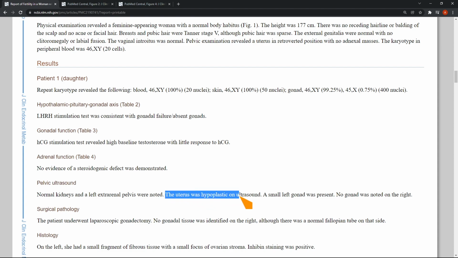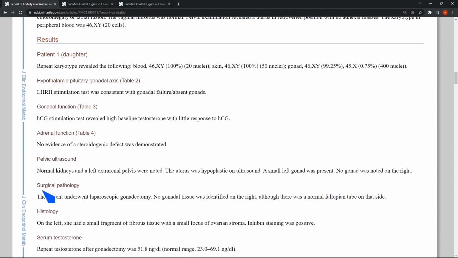The uterus was hypoplastic on ultrasound. This means underdeveloped. A small left gonad was present. No gonad was noted on the right. So she had one small, probably insignificant left ovary and nothing on the right side. So there was a surgical pathology done. She underwent laparoscopic gonadectomy, which means they didn't cut her open, but they put a long needle and maneuvered around instruments to remove her ovaries.